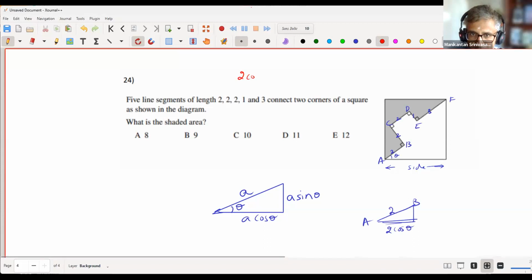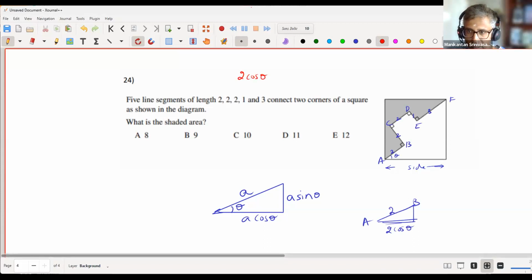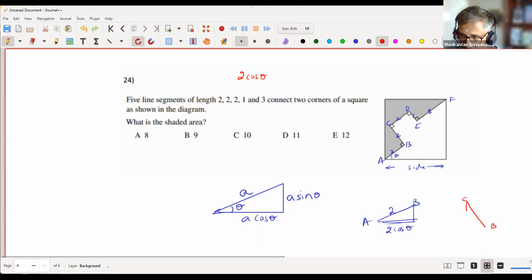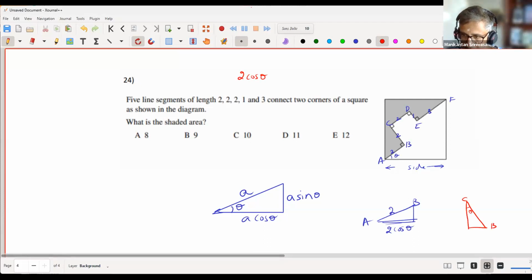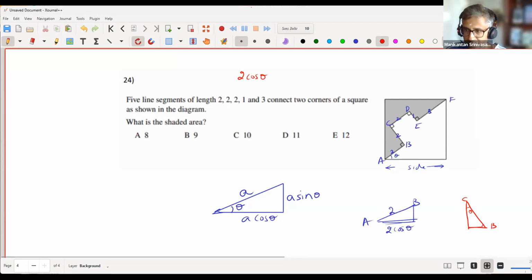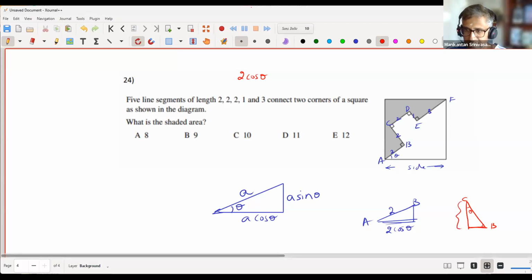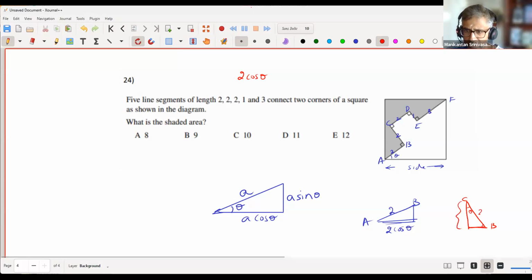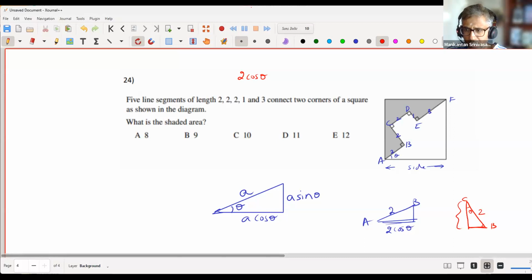So 2 cos theta is the contribution from AB. Now BC is like this, and this upper angle is theta. You can clearly see that. This is 90 minus theta, right? And this is 2. I need the horizontal contribution, so this is 2 sine theta.